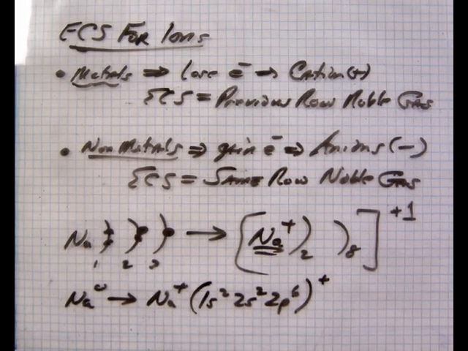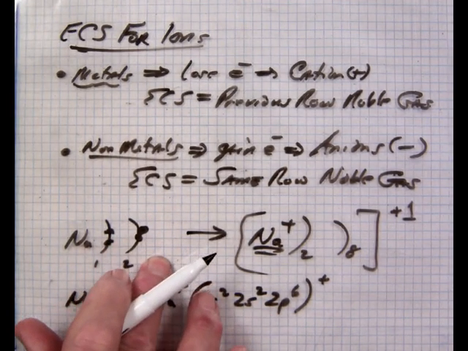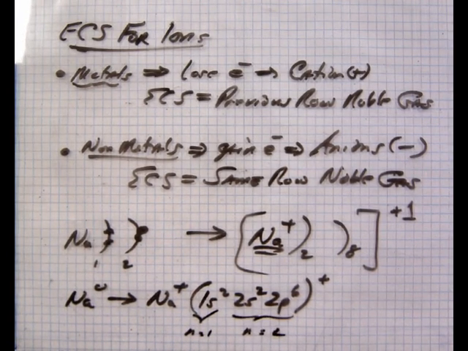That's going to be its configuration because once this one goes away, when you ionize number 3, you only have the n equals 1 shell and the n equals 2 shell remaining. The 3 shell was the valence shell, but it lost its electron. So this is how you write that. You show the loss of the s orbital, put a parenthesis around it and a plus.